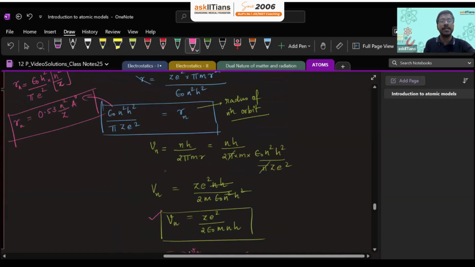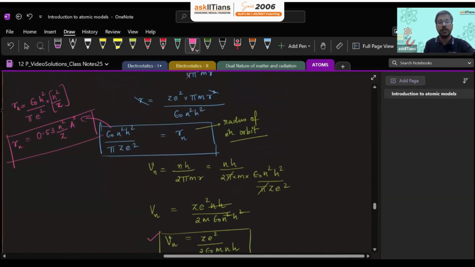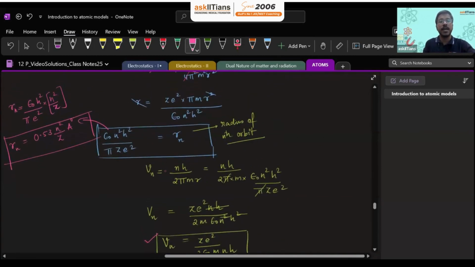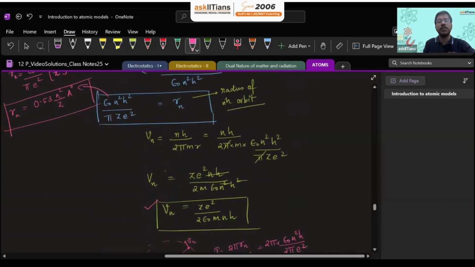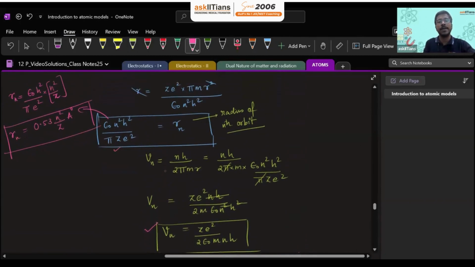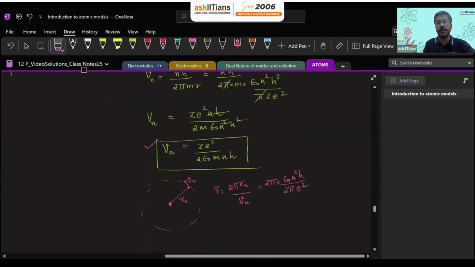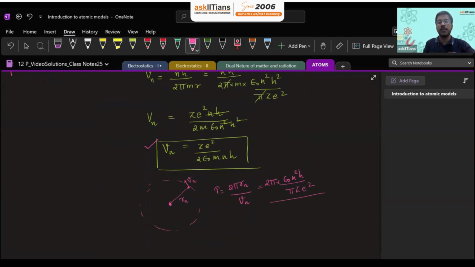So time period in this case, what is the value of radius? Epsilon naught n square h square by pi z e square. So 2 pi into epsilon naught n square h square by pi z e square, divided by the velocity of electron in nth orbit, z e square by 2 epsilon naught m n h. So pi cancelled out.